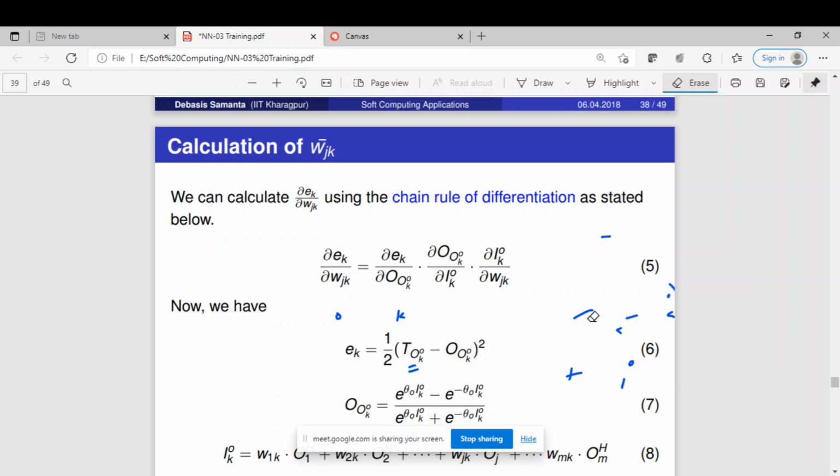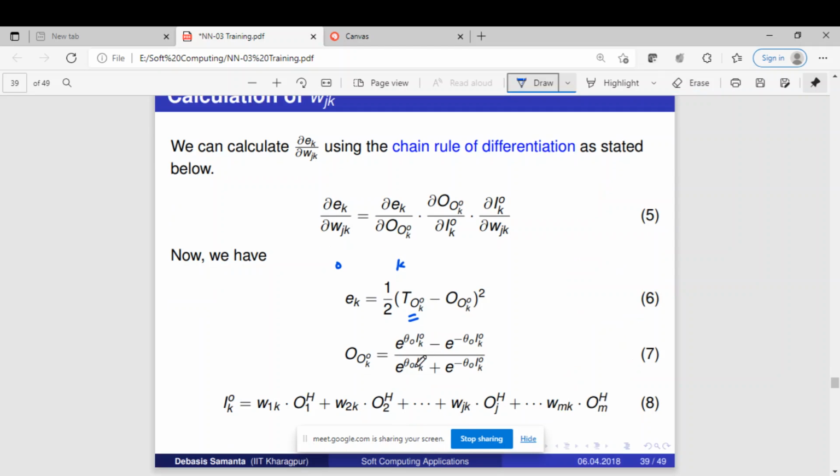We know that in the input layer we are using a linear function, in the hidden layer we are using a log sigmoid function, and in the output layer we are using a tan sigmoid function. The tan sigmoid function is of this form: e power x minus e power minus x divided by e power x plus e power minus x.